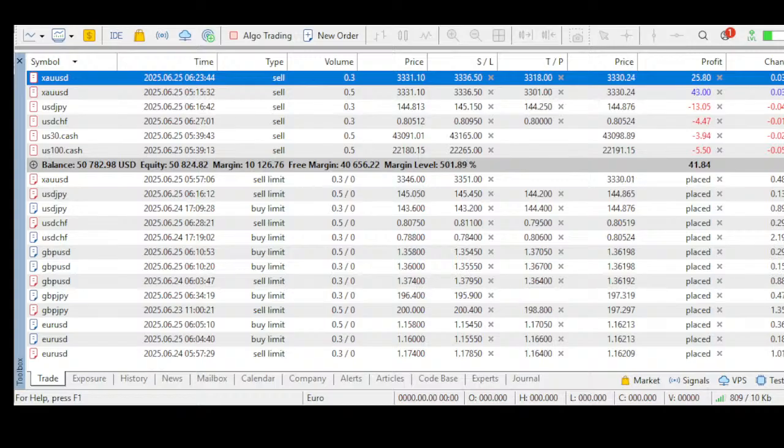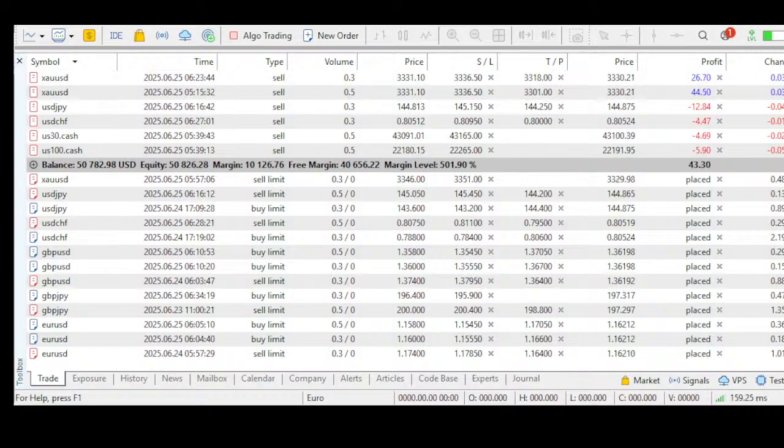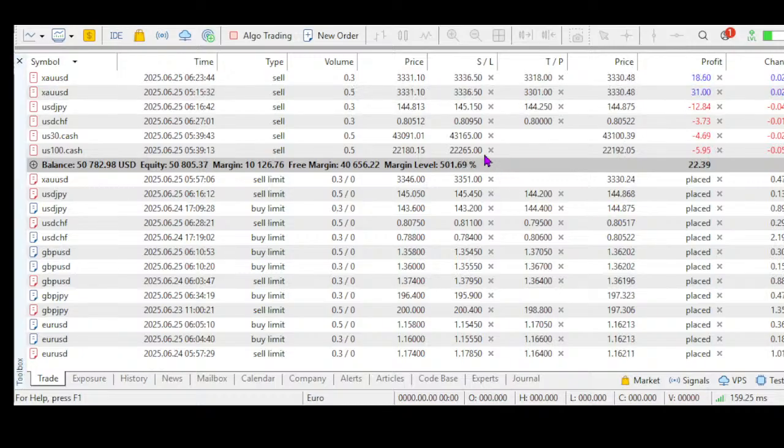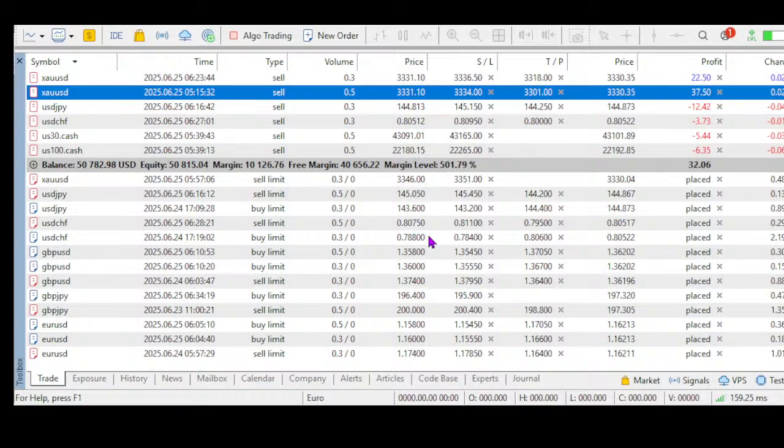Then we have the stop loss. I think we need to revise it because both are at the same level. For the first entry, we will lower the stop loss to 34.